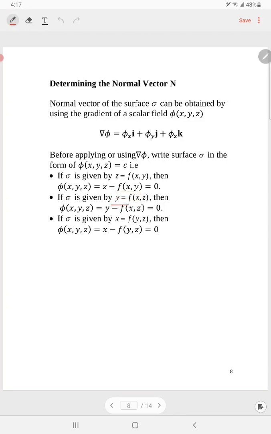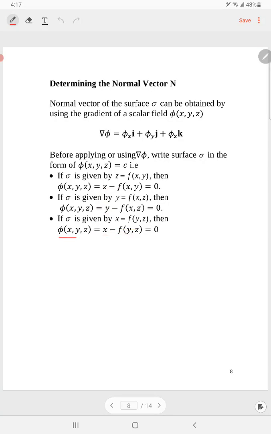If your surface is given as y as a function of x and z, again rearrange your equation so that you have a function phi of x, y, z, which in this case is y minus f of x, z. And if your surface is given as x equals f of y, z, again rearrange so that you have your surface sigma as a function of x, y, and z. In this case, it's x minus f of y, z.